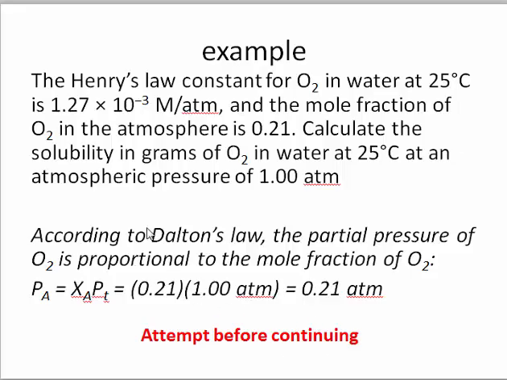But first, as a hint, according to Dalton's law, the partial pressure of oxygen is proportional to the mole fraction of oxygen. We know that from Gen Chem I. Or, partial pressure of oxygen in this case is 0.21 times 1 atmosphere, or 0.21 atmospheres.